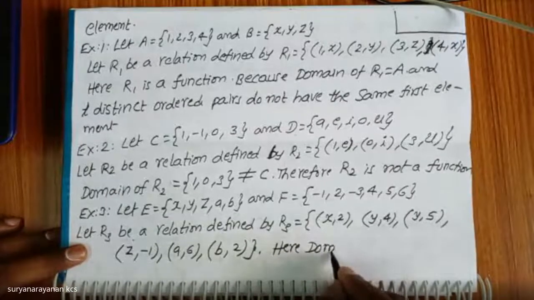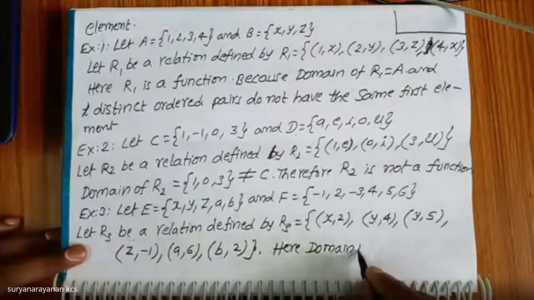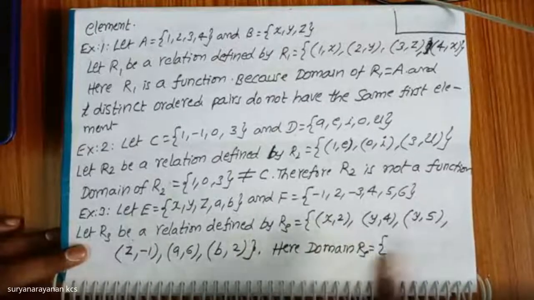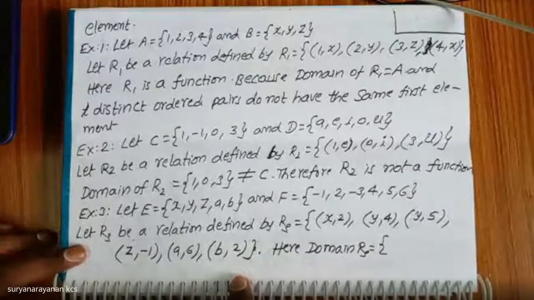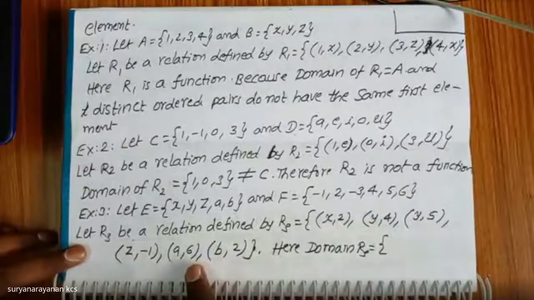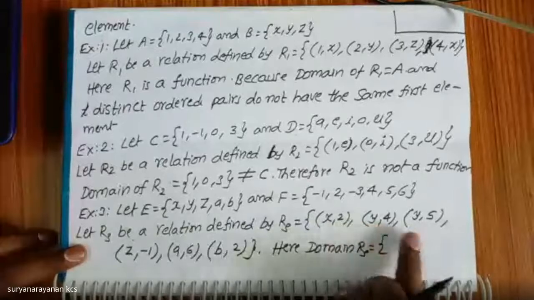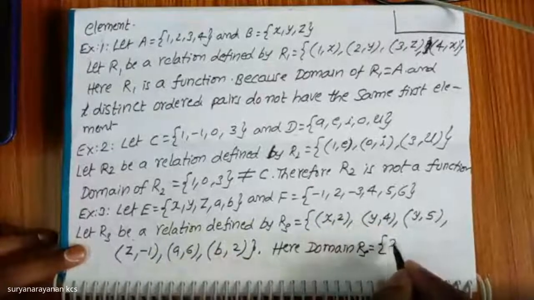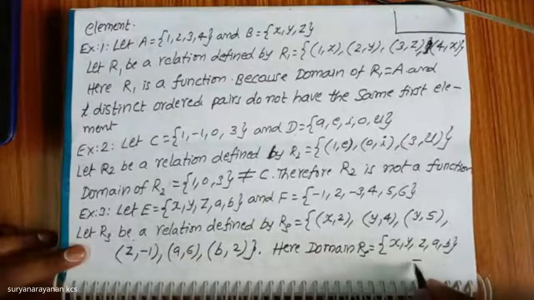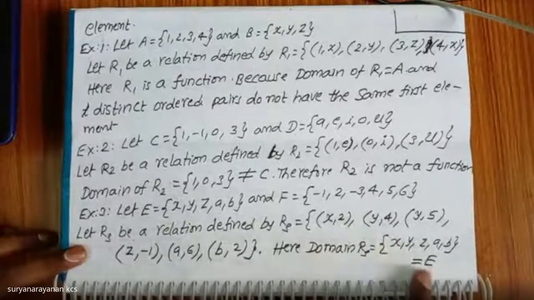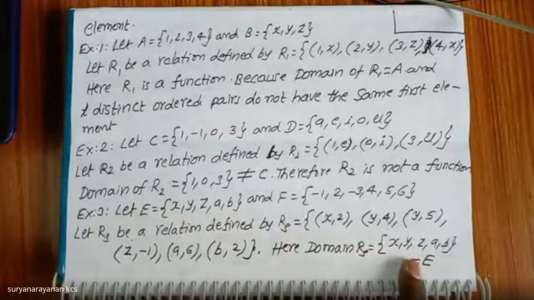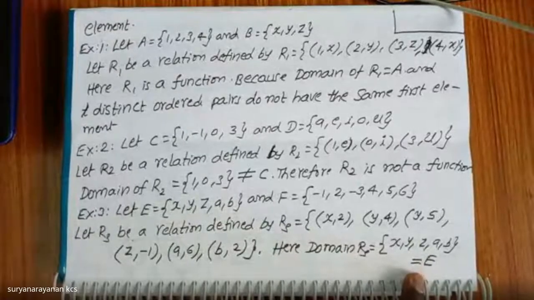First of all, we have to find the domain. That is the first condition. How do you find the domain of this relation? The set of all first elements in the ordered pairs: x, y, z, a, b. This is equal to the set E, the first set. So the first condition is satisfied.